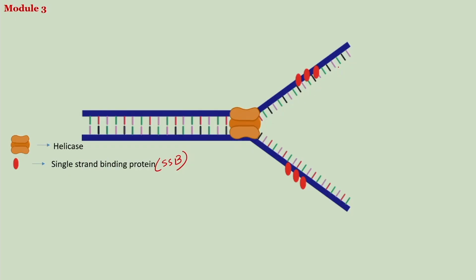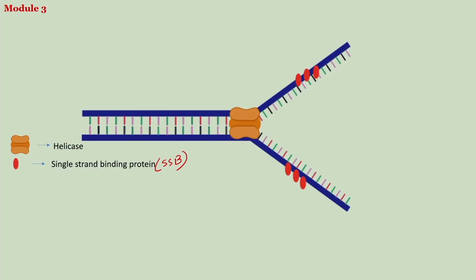So it is a stabilizing factor. Once the proteins bind to the single strands, they do not form the double strand again, because these bindings are stronger compared to the double helix formation. That ensures that the partially opened single strands will remain single stranded. That is how the single stranded binding protein stabilizes the replication fork.